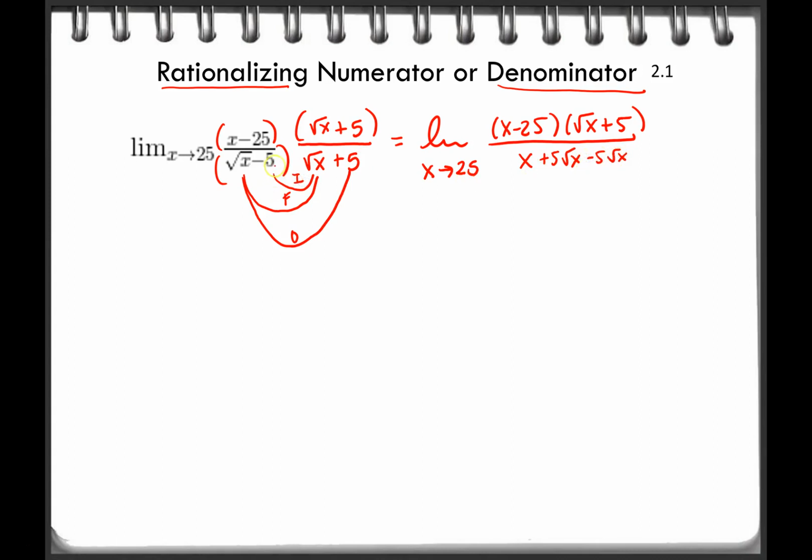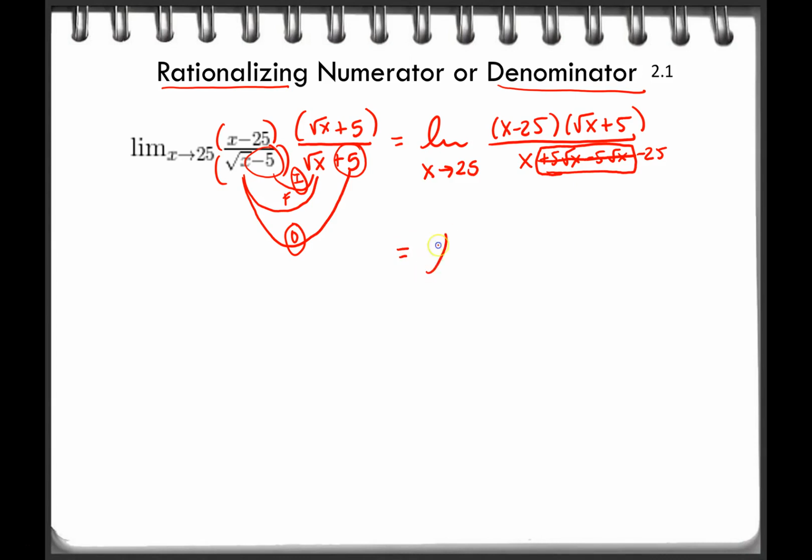And my last is going to be a negative 5 times a 5, which is a minus 25. If you have properly multiplied by the conjugate, then your two inner terms will always cancel. In other words, your O and your I will always cancel each other out, so you just really need to do your first and your last. So you can see here that a 5 root x and a negative 5 root x cancel.